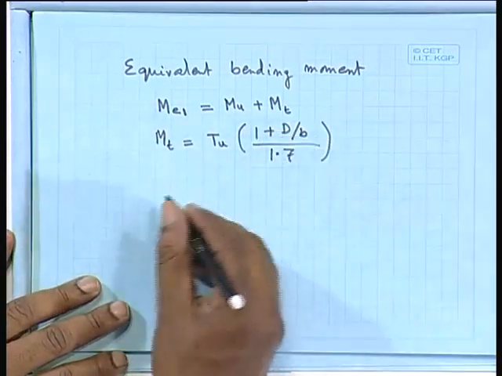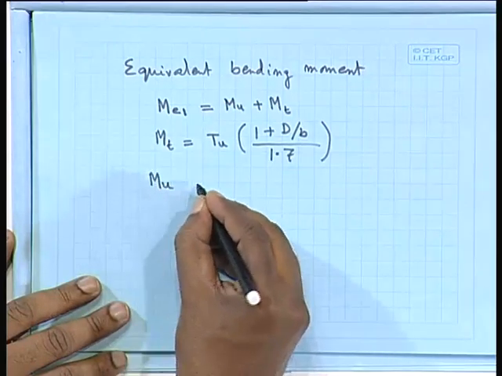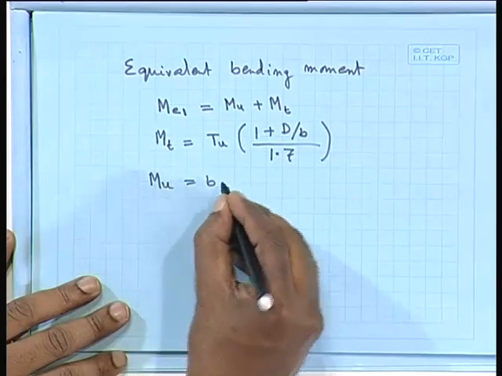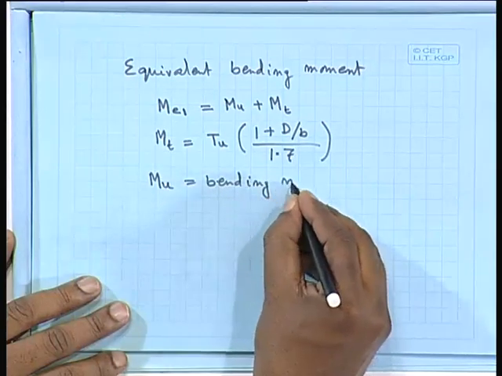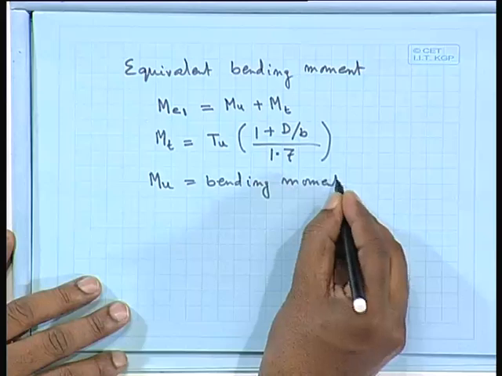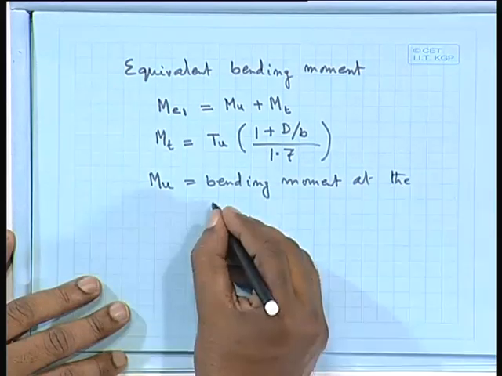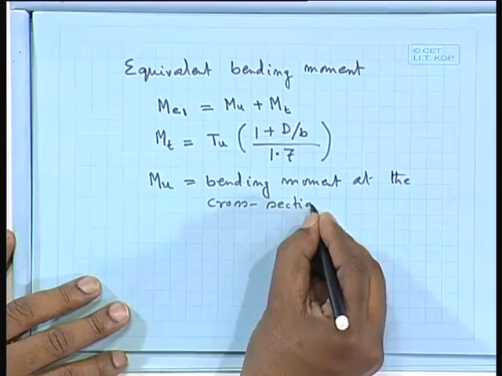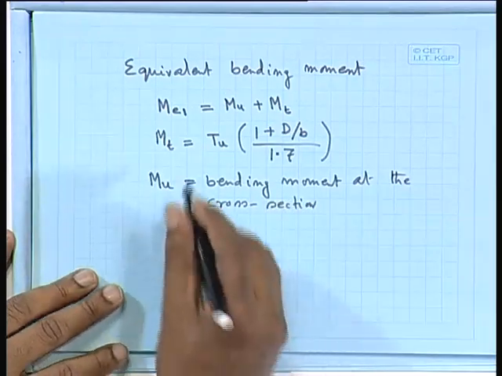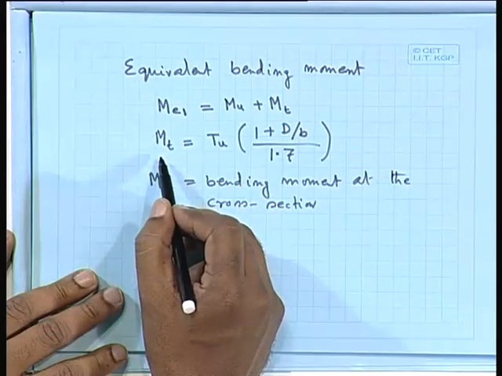So here MU is the bending moment at the cross section, and MT is the equivalent bending moment due to torsion.